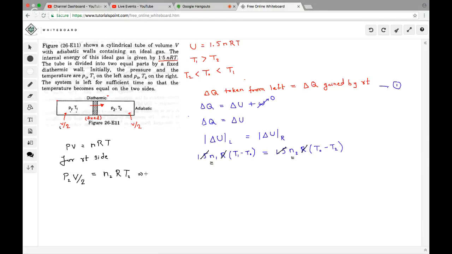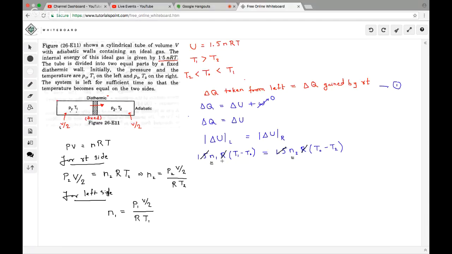So from here, I will get N2 as P2 into V by 2 divided by R T2. Similarly, for the left side, if you use the ideal gas equation, you'll get N1 equals P1 into V by 2 divided by R times T1.